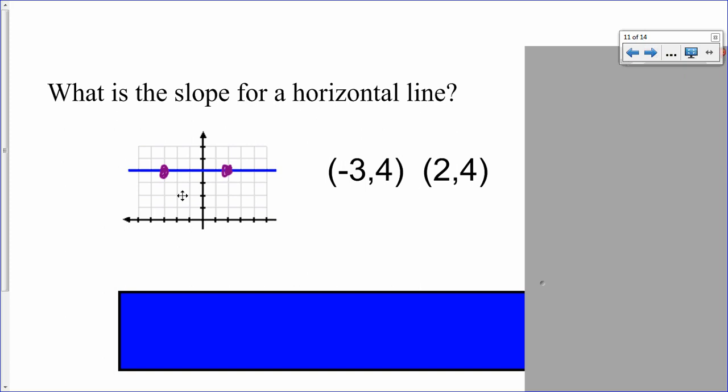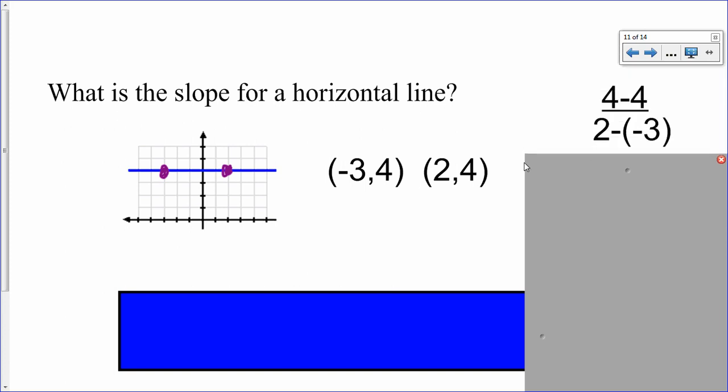The slope for a horizontal line is found the same way as if the line was tilted. You're going to pick 2 points on the graph. In this case, I picked negative 3, 4, and 2, 4. You're going to use the slope formula. So we're going to take our y coordinates and subtract them, and then we're going to take our x coordinates and subtract them as well.